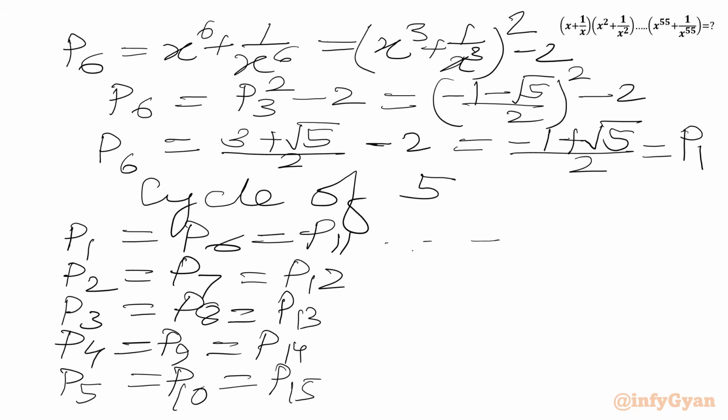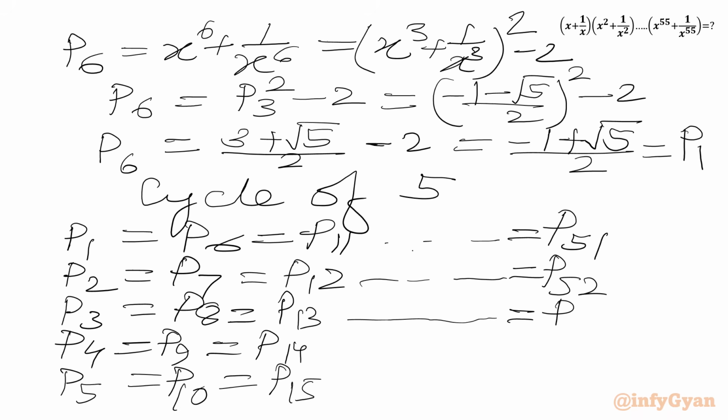If we check, then it is equal to P51. This will be equal to P52, this will be equal to P53, this will be equal to P54, and last we will write here P55.